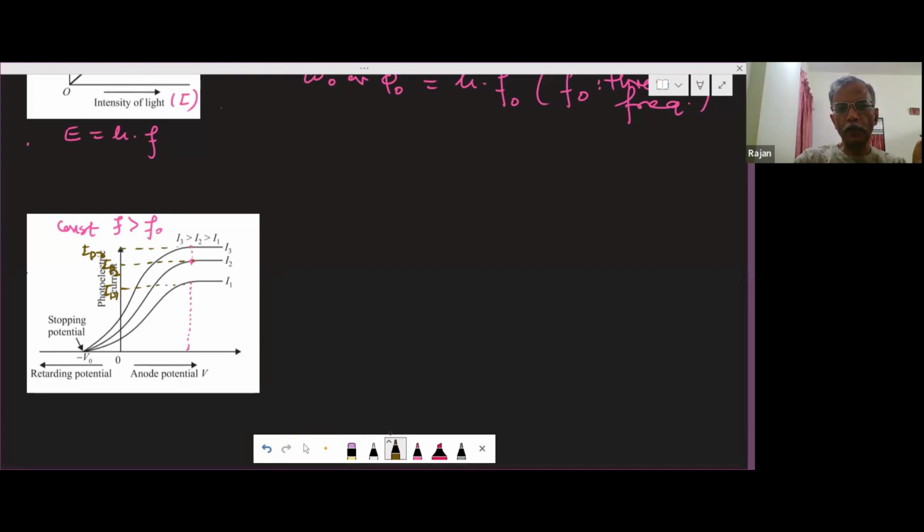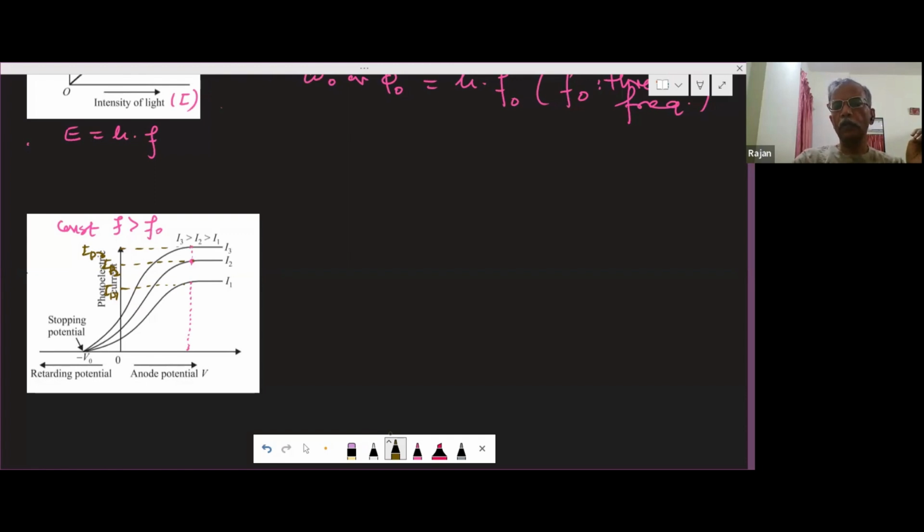After a certain value of the anode potential, beyond that, it is not increasing. Even if you are increasing the anode potential, your photoelectric current is not increasing for the given I1, I2, and I3, right? Keeping frequency constant such that it is greater than the threshold value. So that is for the positive anode potential.